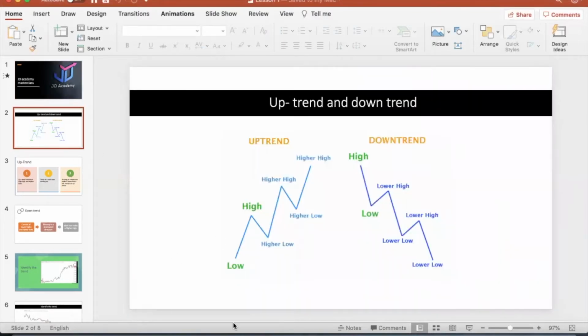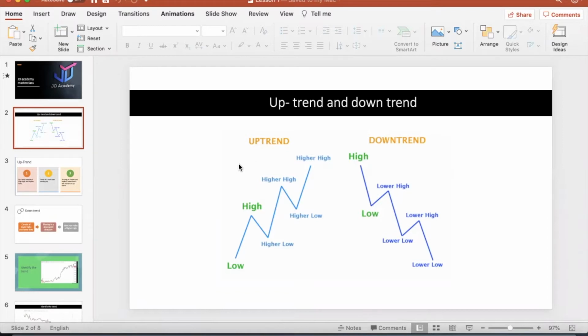So we know the market has uptrends, downtrends, and consolidation. Those are basic, so I'm not gonna go too in depth into that. But what we need to know is what an uptrend or downtrend consists of.